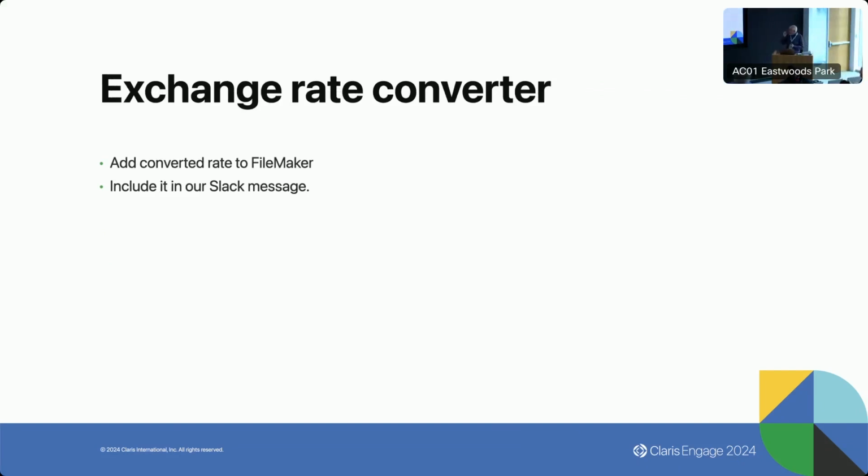So what I want to do is I'm going to write a Claris Connect custom connector that interacts with an exchange rate converter so that I can convert the value of my invoice to my order to go into the message that's being sent to Slack.